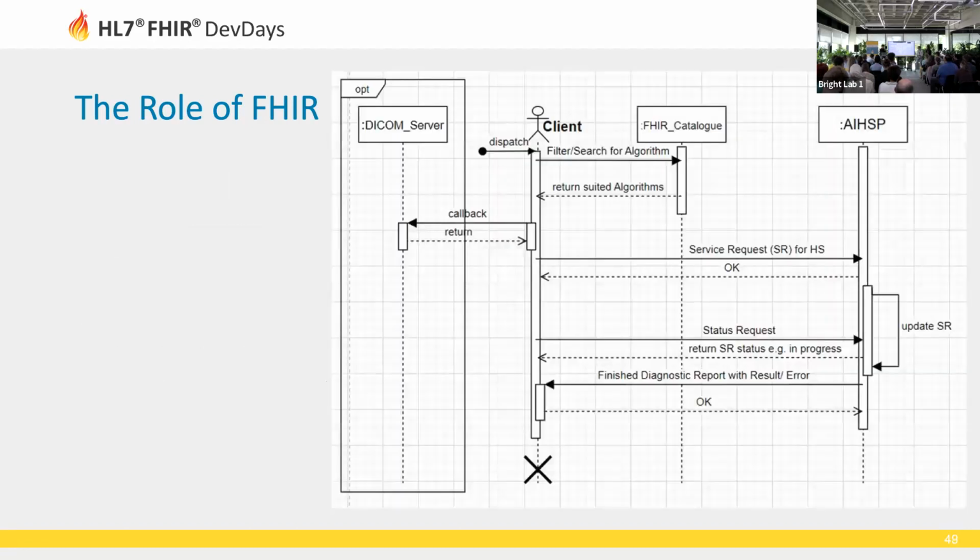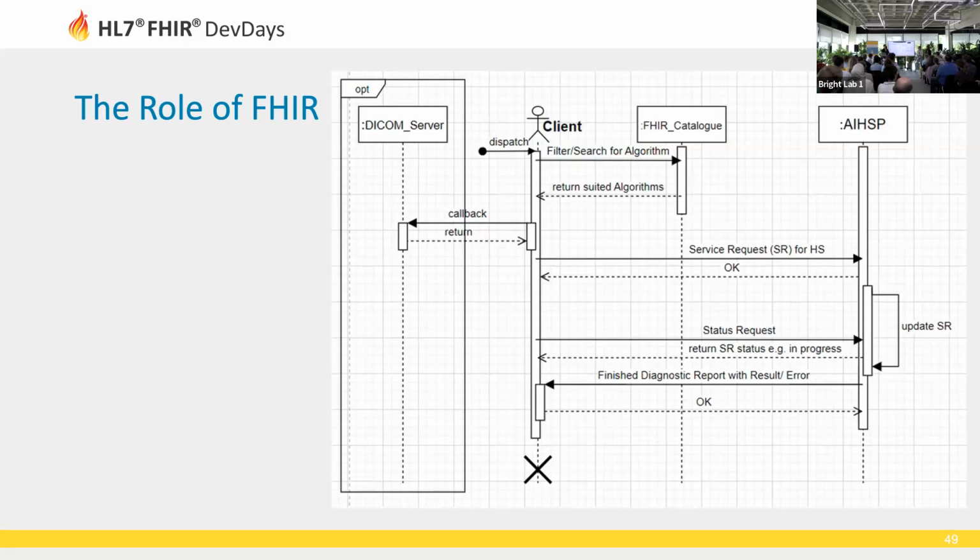Okay, now you can get a little overview of our application. As you can see here, the client can filter or search for an algorithm. Then he can upload images either from his local machine or from a DICOM server. And that's where it actually gets interesting. After that, he will send a service request to our healthcare service provider server.